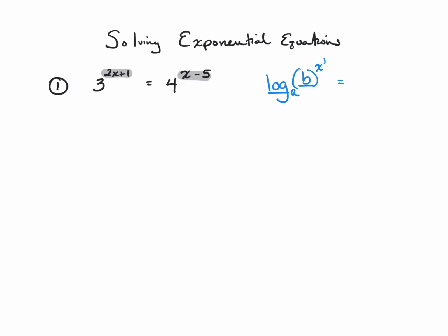It turns the exponent from an exponential value into a multiplier. So it bumps it down a level in order of operations. That exponent now becomes a multiplier of the logarithm of b with base a, where a is just whatever base you may have. So there's the rule, and that's the rule we're going to use.